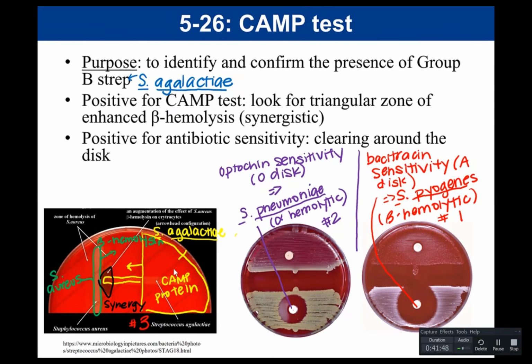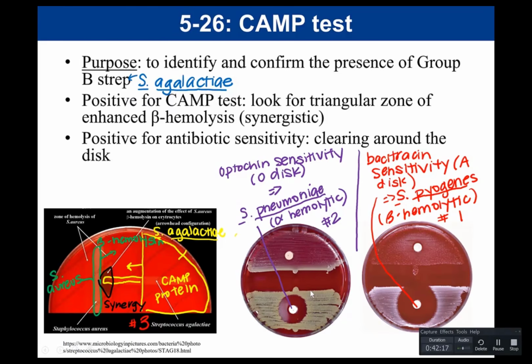So one of the things that we did was we had an optochin disc. This is an antibiotic. It's referred to as the O disc, and we're looking for optochin sensitivity. And remember that for antibiotic sensitivity, you're looking for these zones of inhibition, this clearing. If we see this clearing around the disc, that means that the bacteria is sensitive to the optochin.